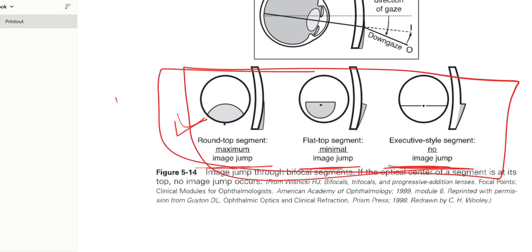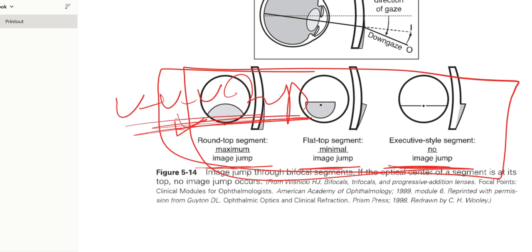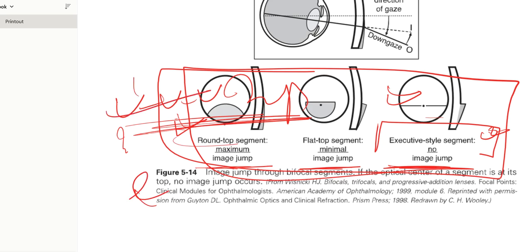Very important. There was an MCQ: which of the following has no image jump? So you have to pick Executive style bifocal, flat top bifocal, or round top like this. Okay, remember this.